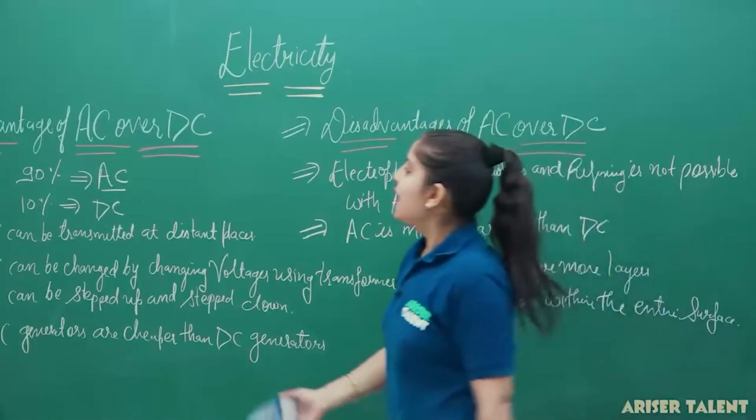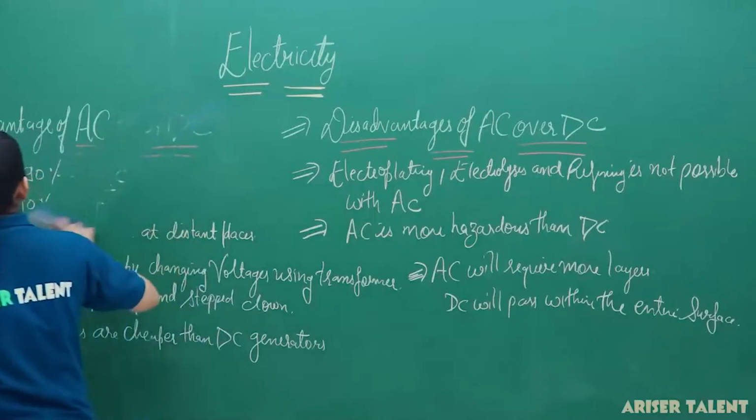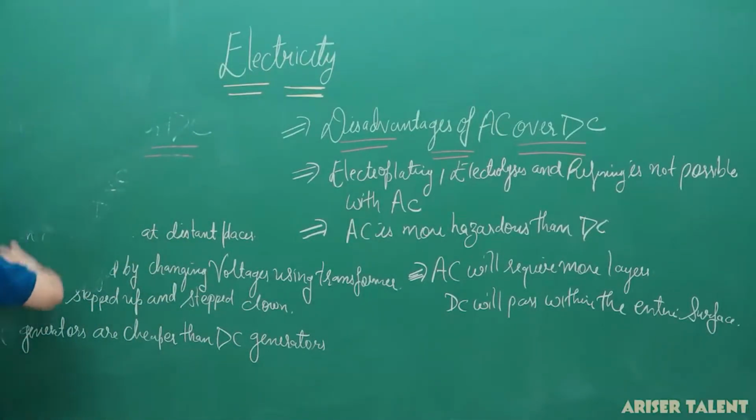So, our next law is Kirchhoff's law, which is basically used to find the current in any circuit.